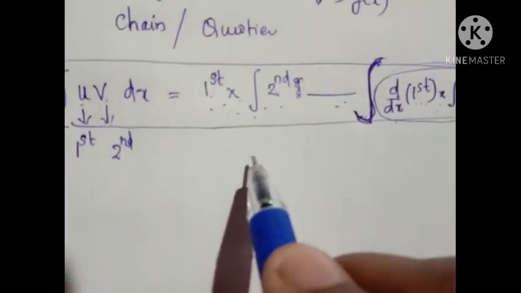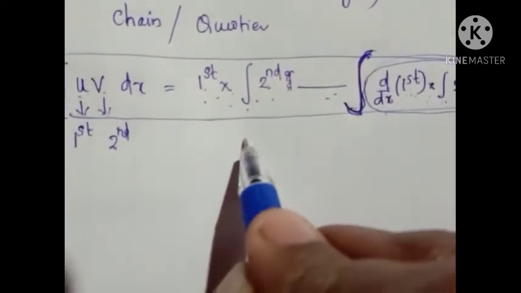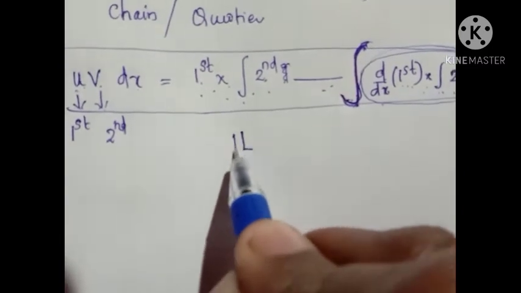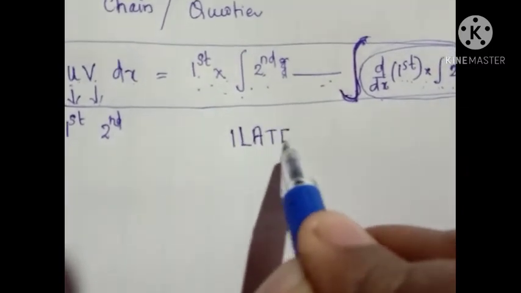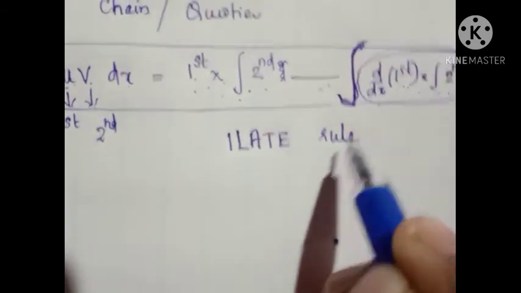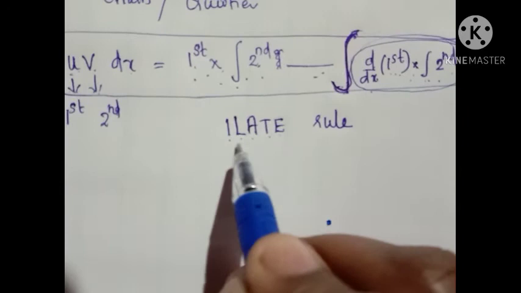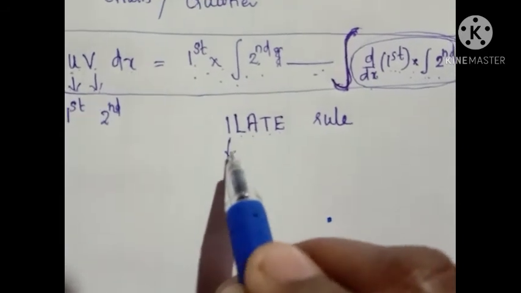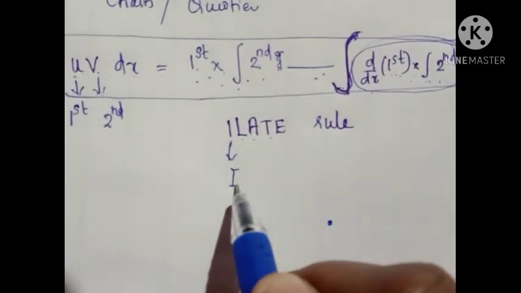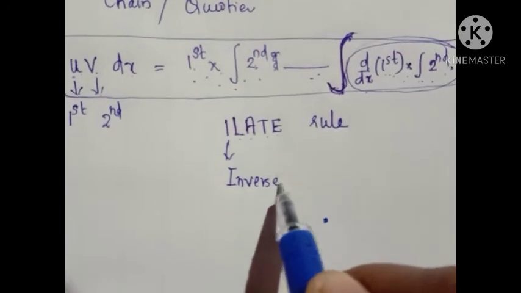Also, we have to keep in mind that we need to follow the ILATE rule in the case of integration by parts. Each of these five letters stands for a type of function. I stands for inverse trigonometric functions.